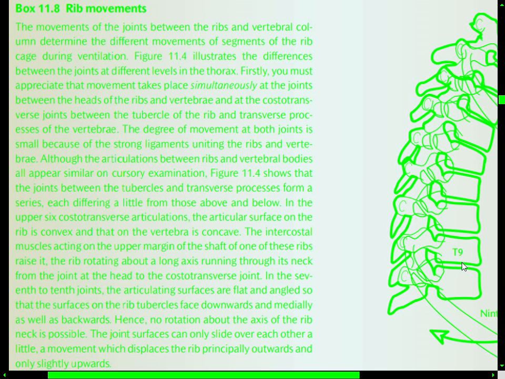Rib number 1, 2, 3, 4, 5, 6, there is a skeletal muscle above it that raises it. Okay, I think this is understandable enough. A muscle above a rib that raises it.